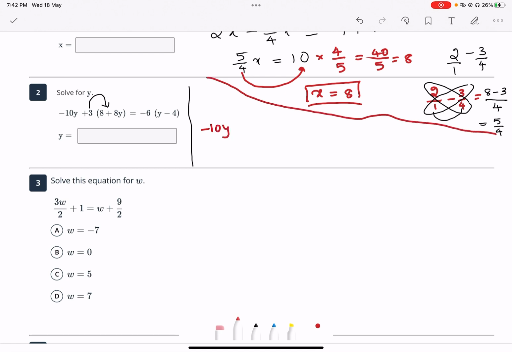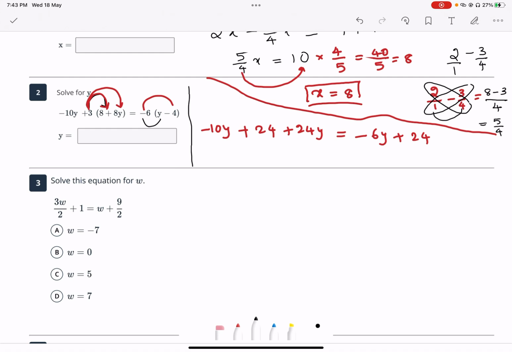So this is the first question. Plus 8 times 3 here, which is 24, and 3 times 8 again, which is 24y, equals negative 6 multiplied by y is negative 6y, and negative 6 multiplied by negative 4, which will be positive 24.